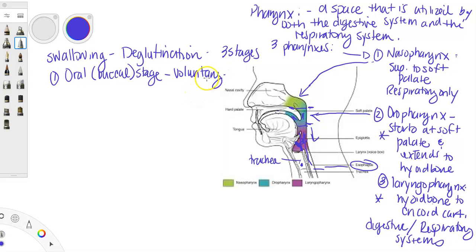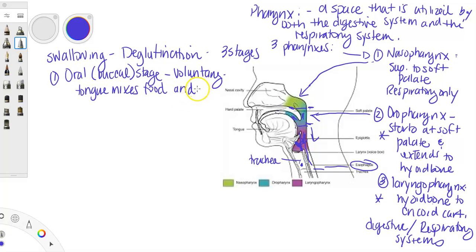So this is where the tongue mixes food. You're chewing and all that. Saliva's getting into the food and the tongue is moving it around. Helps to mix it. So the tongue mixes the food in your mouth, in the oral cavity.